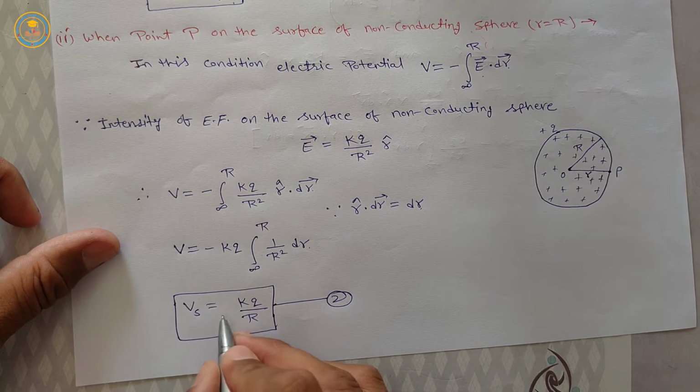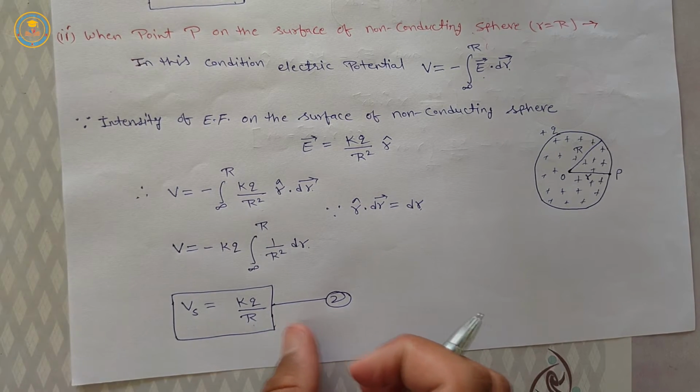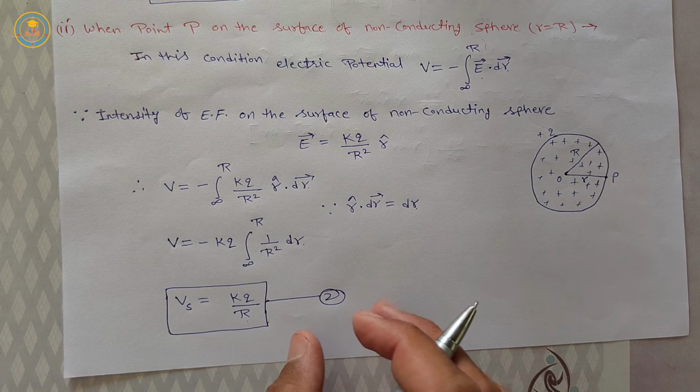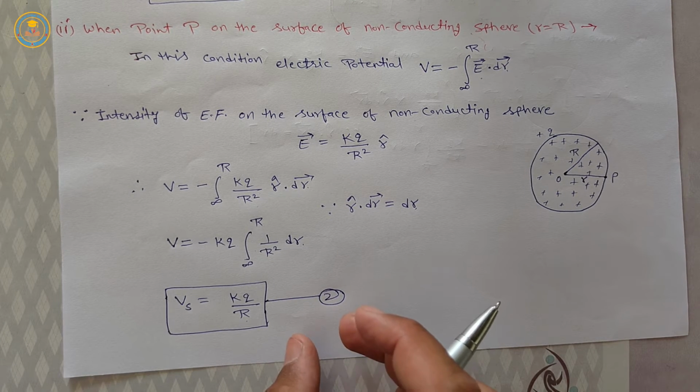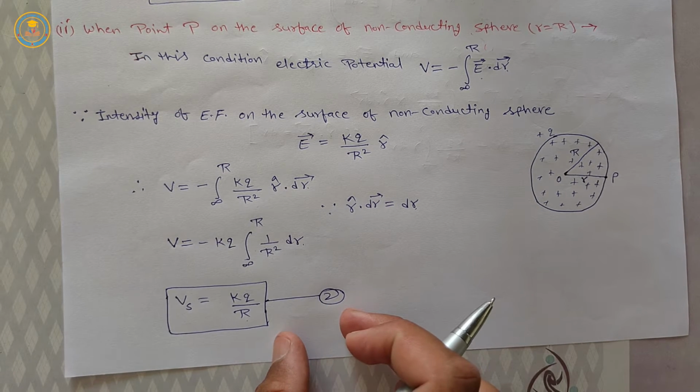According to this equation, the electric potential at the surface point does not depend on the distance. It means it is a constant quantity.